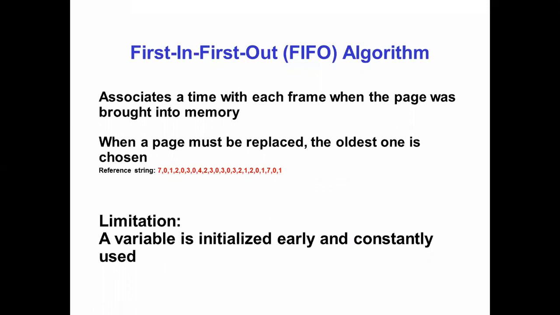The limitation arises because we use the valid or invalid bit, so we can also use a variable here. This is one of the limitations of the first in, first out algorithm in how we remove or replace the pages.